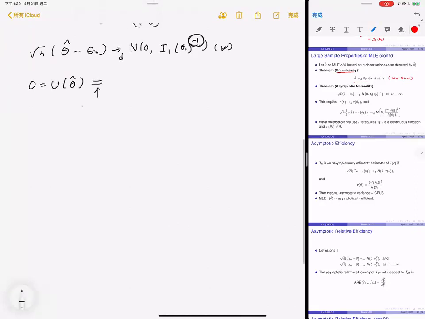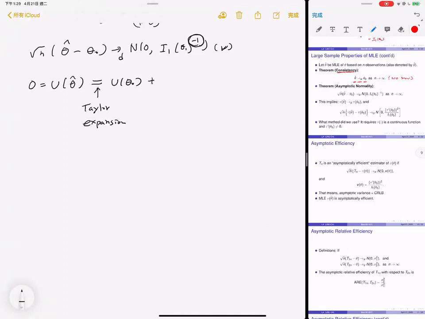The next one is nothing but doing what? Taylor expansion. Okay, so if I do Taylor expansion around theta 0, then what's the next term?